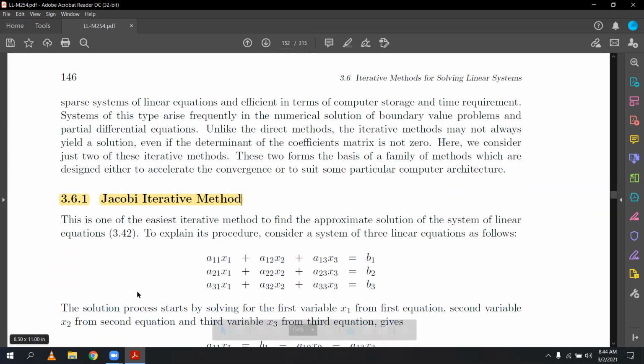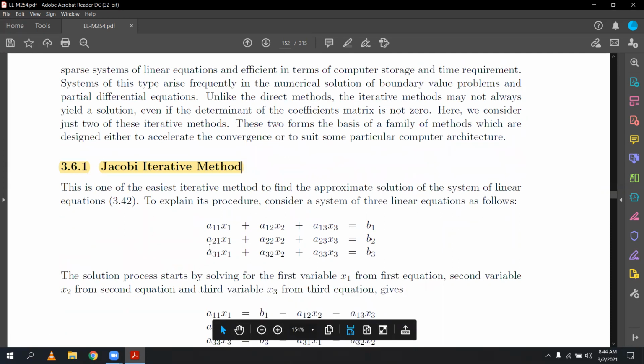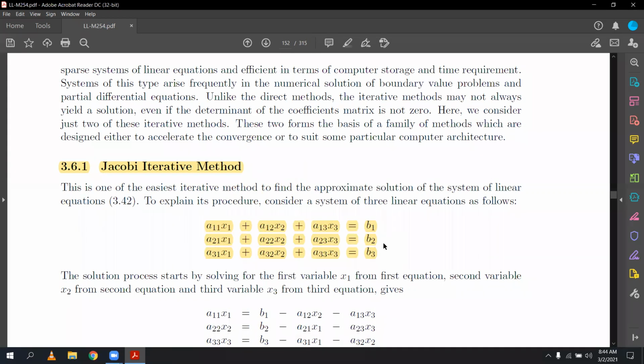And how can we find the formula of the Jacobi method? It's very simple. Here you are given a system of 3 by 3. What you have to do is find the Jacobi formula separately: the Jacobi formula for the first variable from the first equation, the Jacobi formula for the second variable from the second equation, and the Jacobi formula for the third variable from the third equation, always.